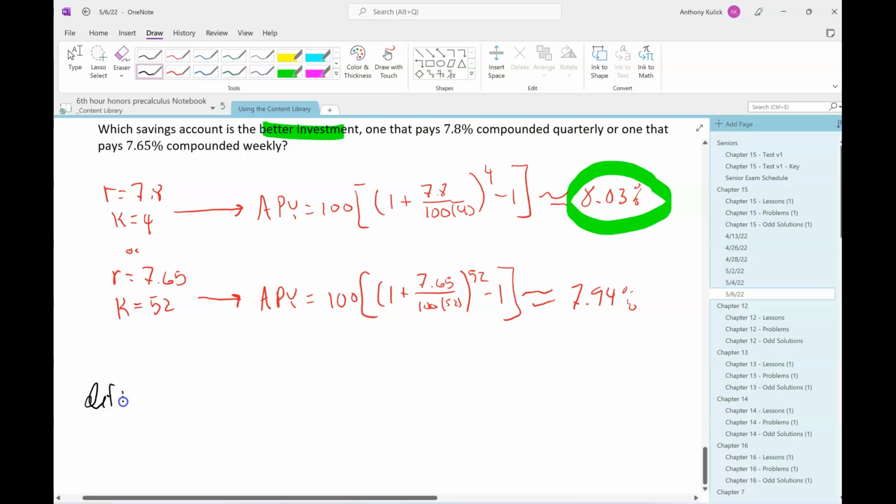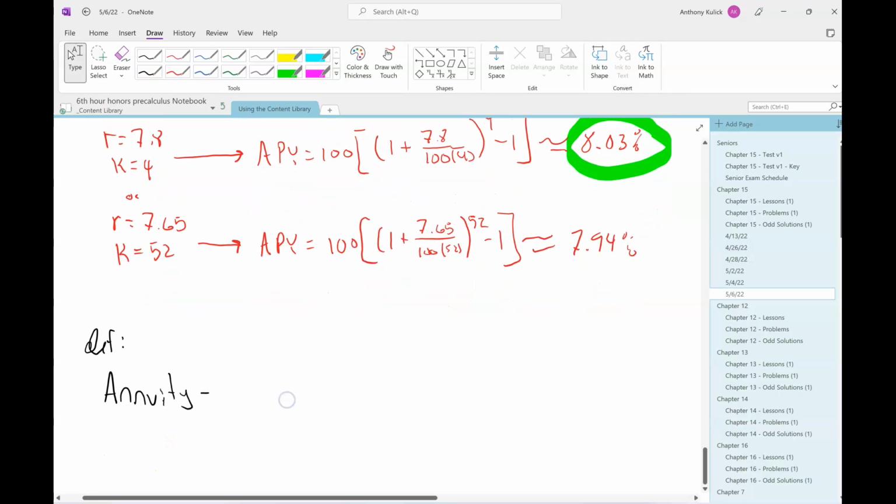So what we're going to be talking about next is something called an annuity. So an annuity is just some account into which a sequence of payments is made.